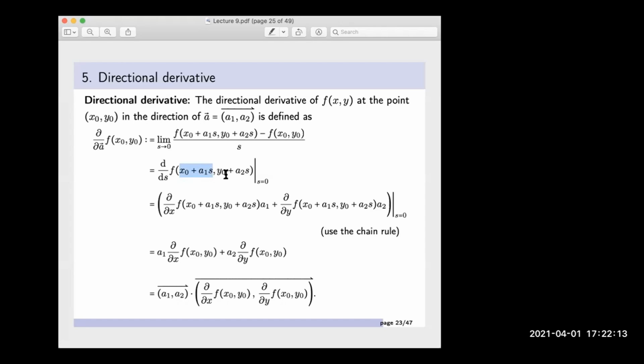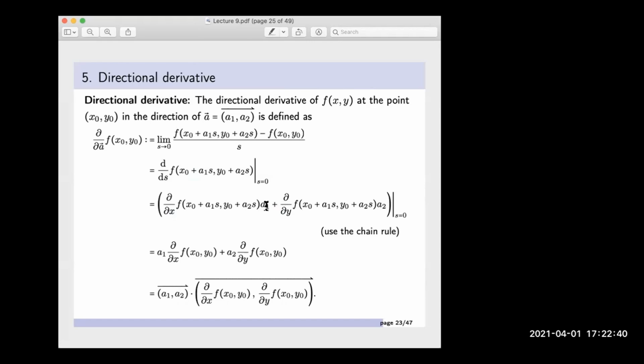You are not taking derivative in xy, you are taking derivative in s. So that's a composite function. According to the chain rule, this derivative in s is equal to the partial derivative in x times the derivative of x here, plus the partial derivative in y times the derivative of y.